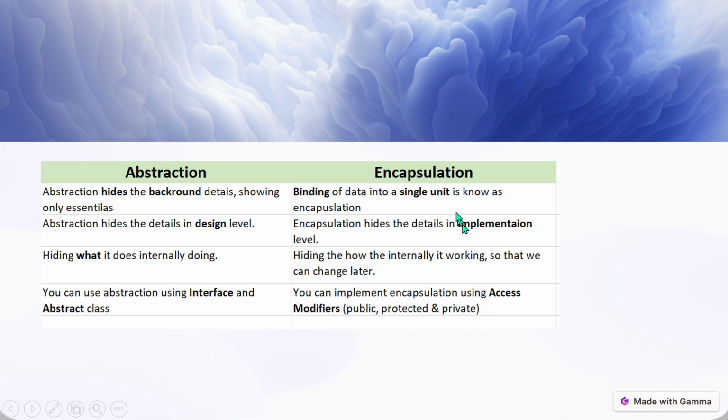In encapsulation we are hiding the implementation, but in abstraction we are hiding all the details at the design level, the top design level. What it is actually doing internally is hidden. And in encapsulation, how it does it internally, that implementation is hidden. That is the real difference between abstraction and encapsulation.